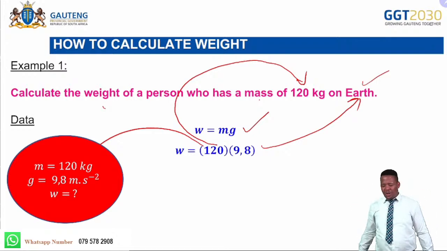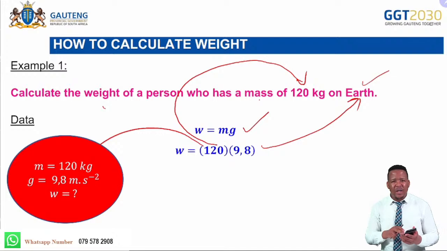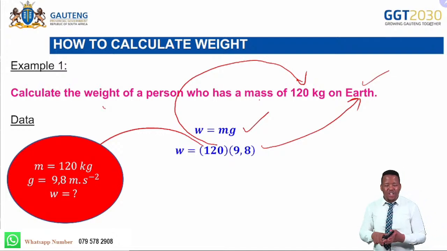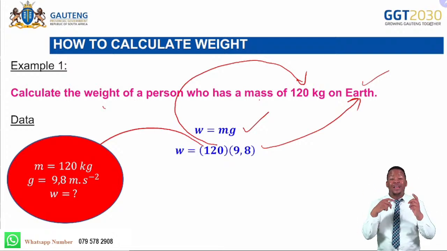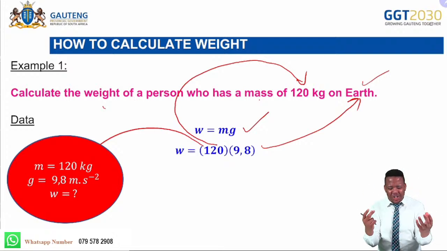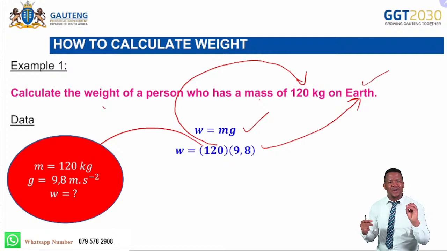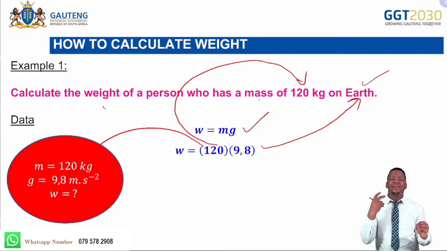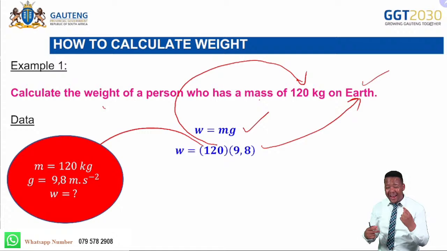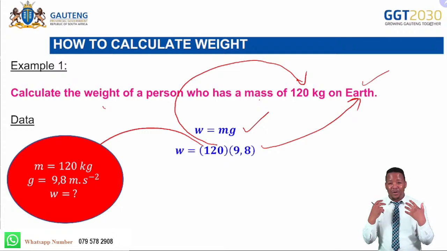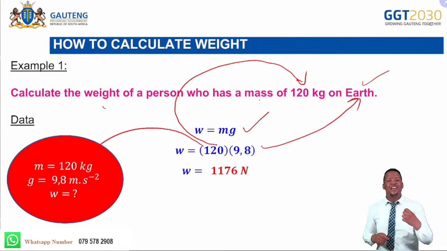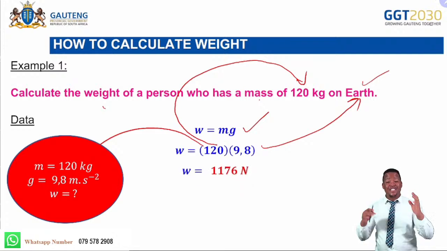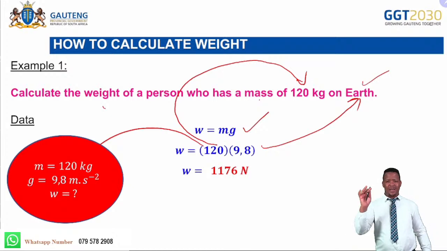So do it there with your calculator. 120 multiplied by 9,8. Whenever you see these brackets, they represent multiplication. So we say 120 kilograms of the man multiplied by 9,8, the gravitational acceleration on Earth, which is equivalent to 1,176 newtons. That is example 1.